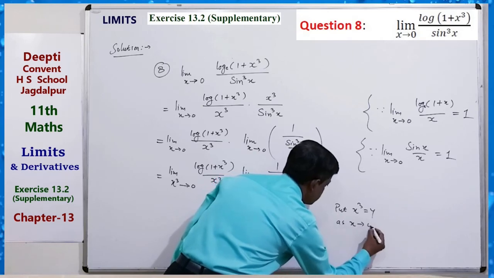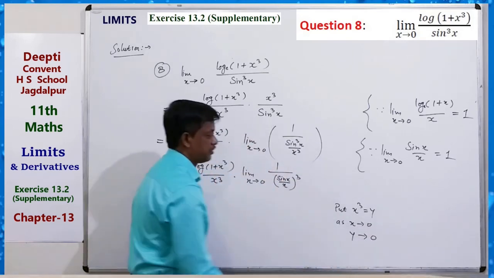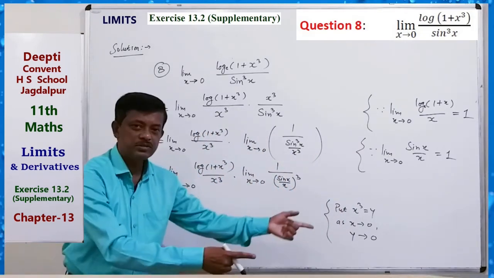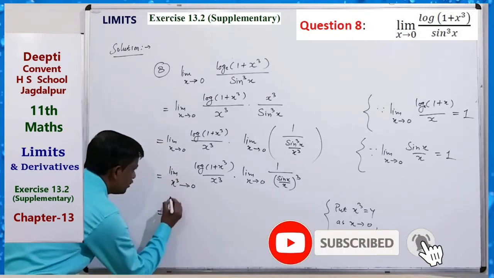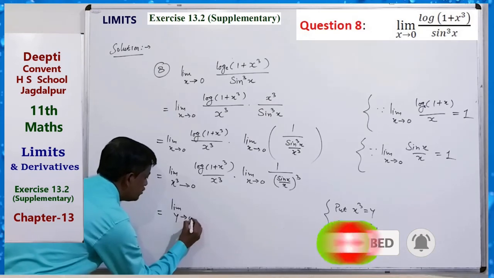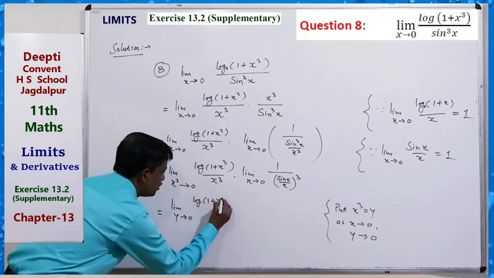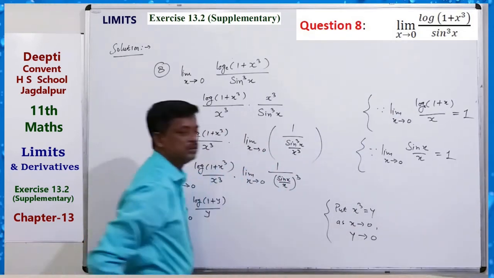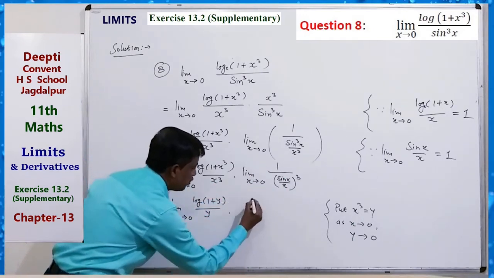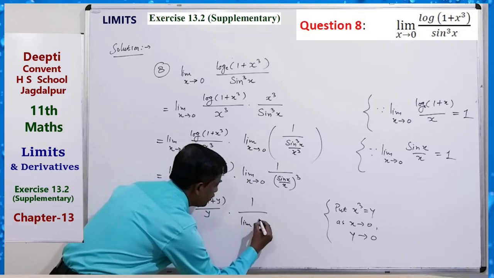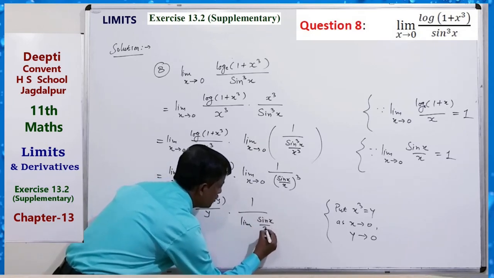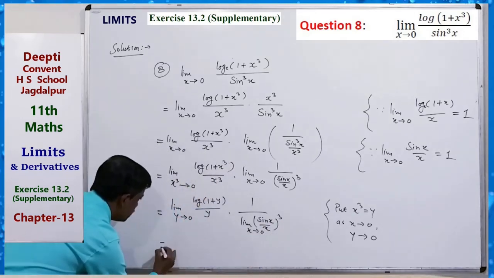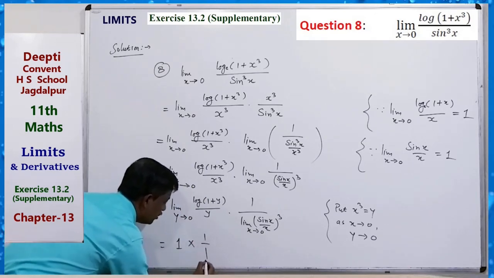As x tending to 0, y tending to 0. So limit y tending to 0 of log of (1 plus y) upon y; this formula is used, which gives 1. Then 1 upon the limit of (sin x upon x) cube, x tending to 0, equals to 1 into 1 upon 1 cube.